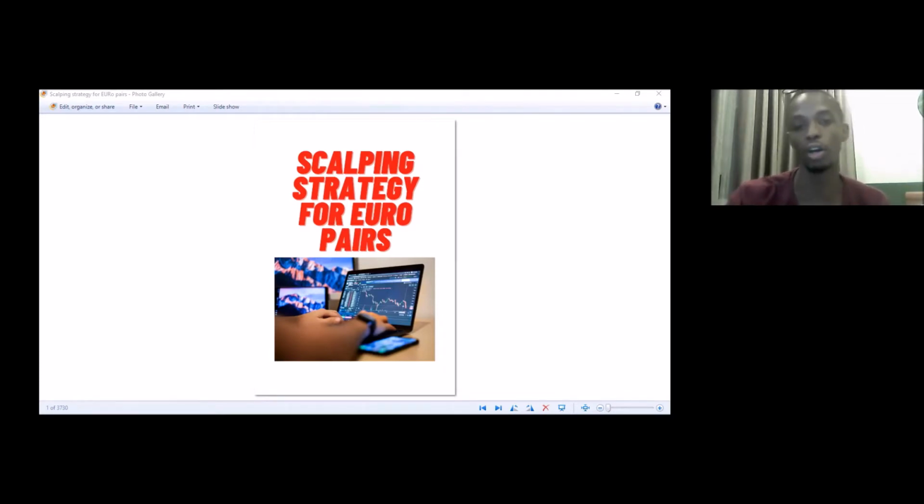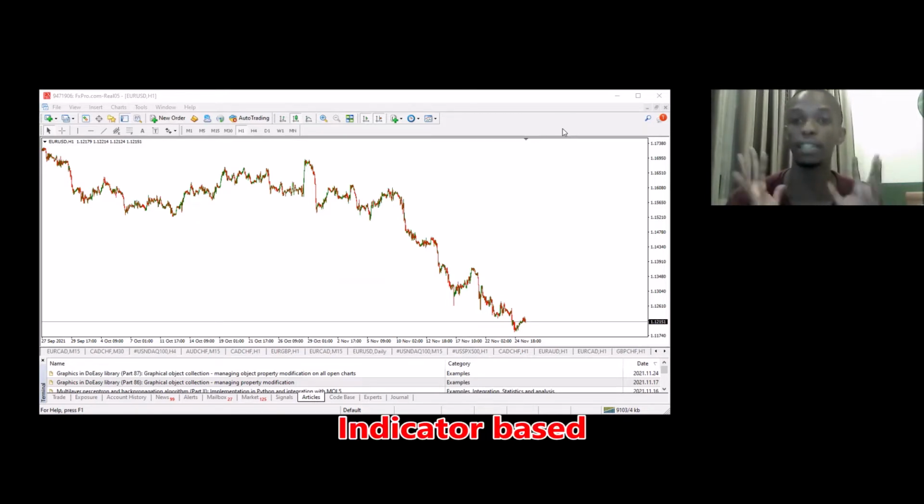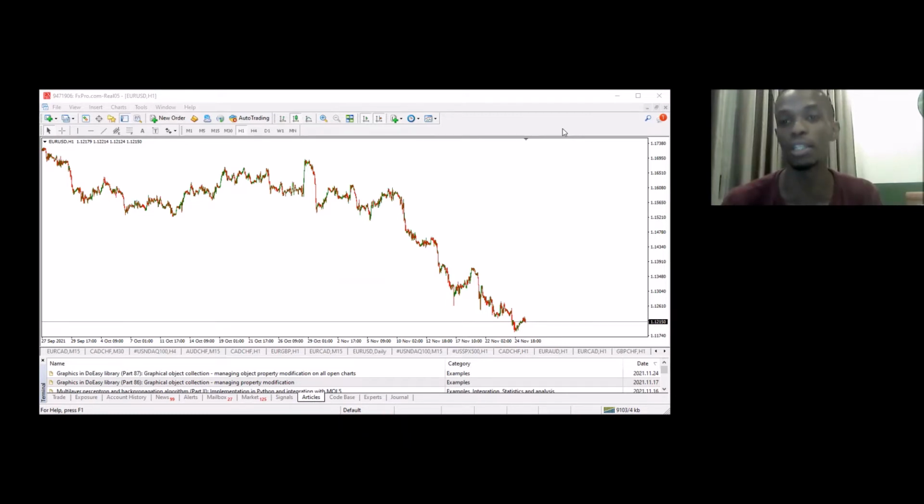So I'm just going to go right to the chart, and I'm going to show you exactly how this strategy works. Essentially, the strategy works simply by using some indicators. So you're going to use the MACD, and you're going to leave it as default. Remember, this is a beginner strategy to scalp.